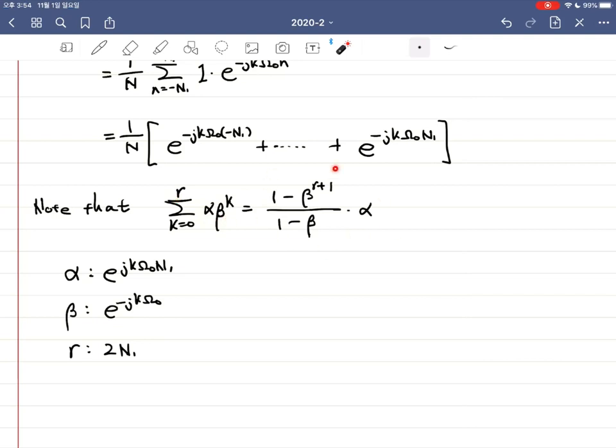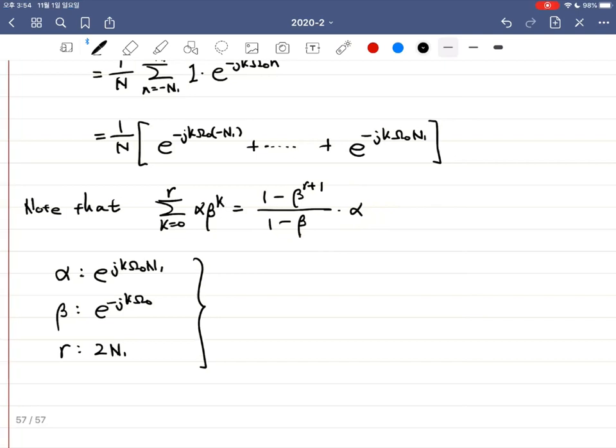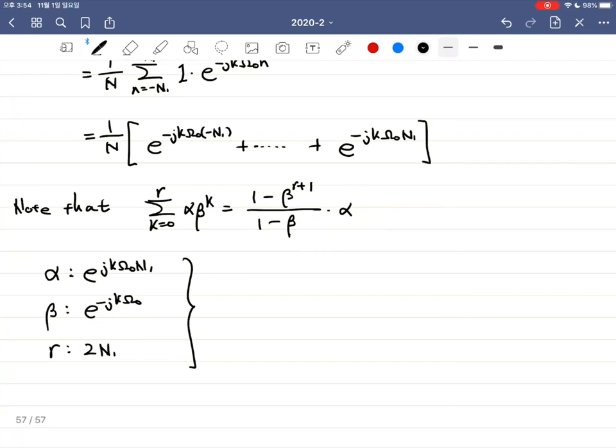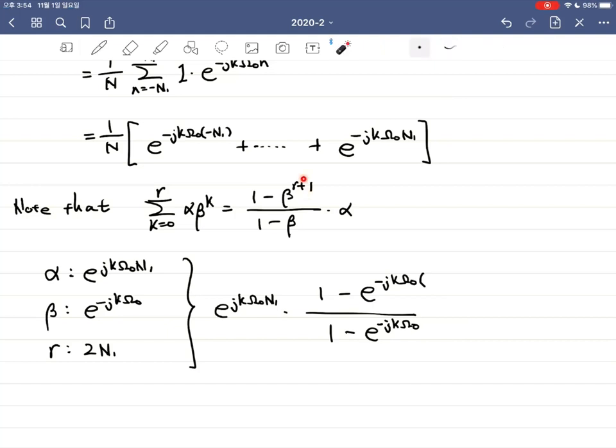So we can just rewrite this summation with this formula. So alpha comes first. I will deal with alpha first. So e to the jk omega 0 n1, times 1 minus e to the minus jk omega 0 to the power of r plus 1.